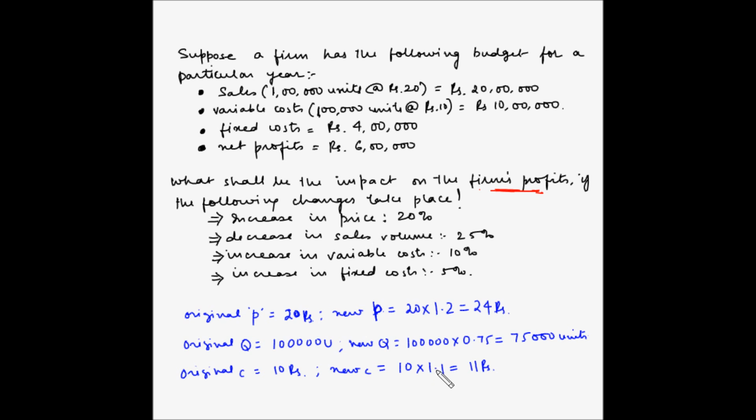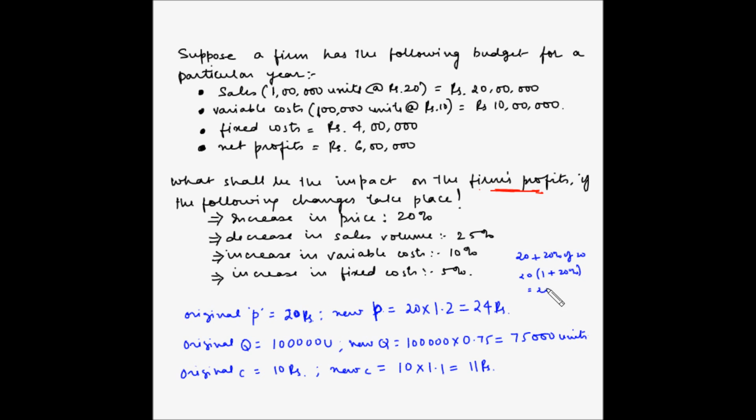Now why am I multiplying by 1.1 and 1.2? Because 1.2 was a 20% increase on top of what it originally is. So that means 20 plus 20% of 20. So here you can take 20 common, 1 plus 20% of 20.